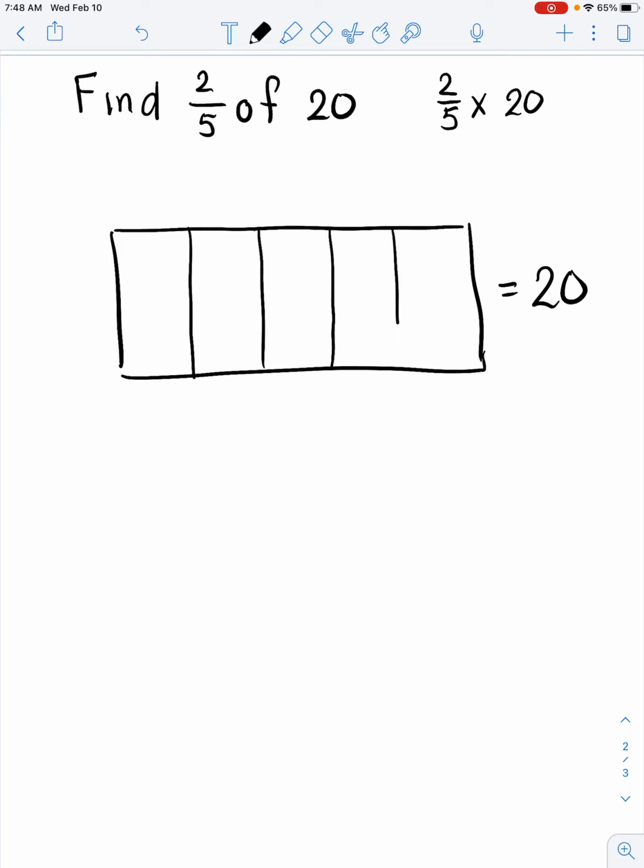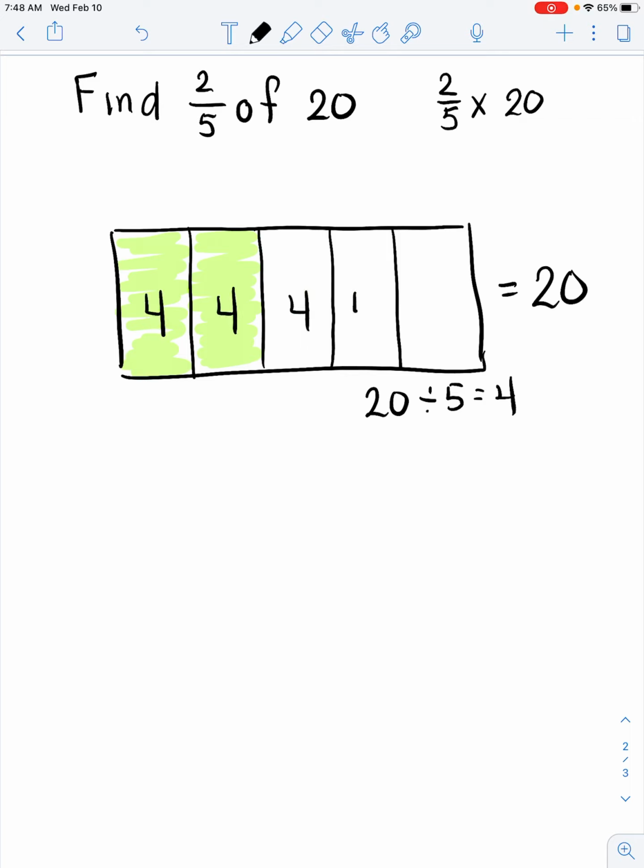So I'm going to divide my whole rectangle into 5 equal pieces, and of course each one of those is going to be 1/5. So I want to shade 2 boxes to represent 2/5. Okay? All the boxes have to be the same, so I have to take 20, divide it evenly among 5 boxes, and that's going to give me 4.